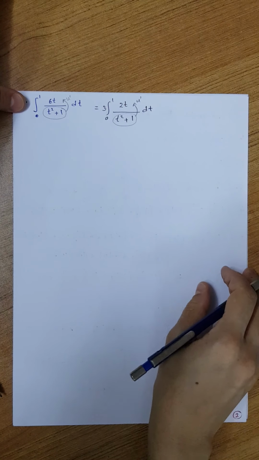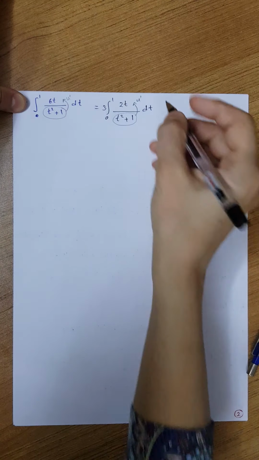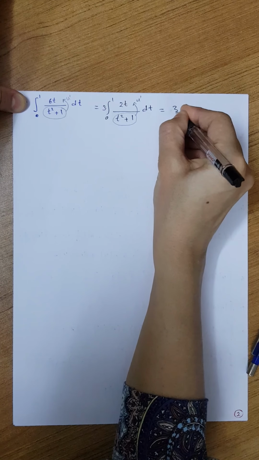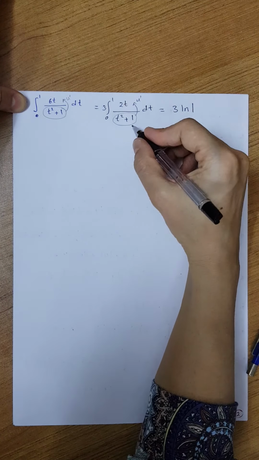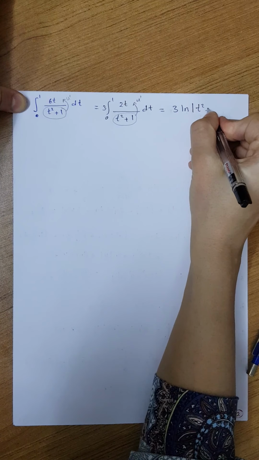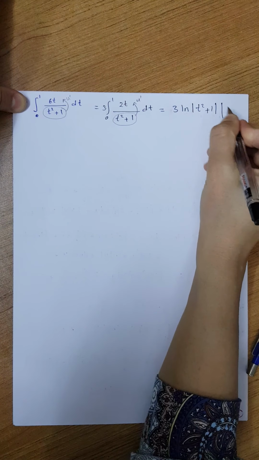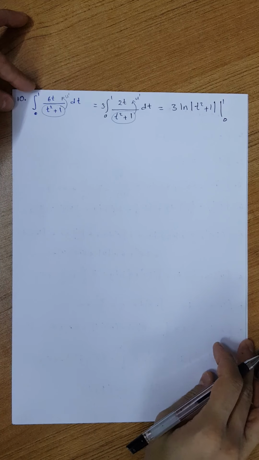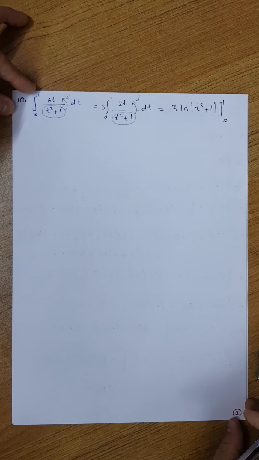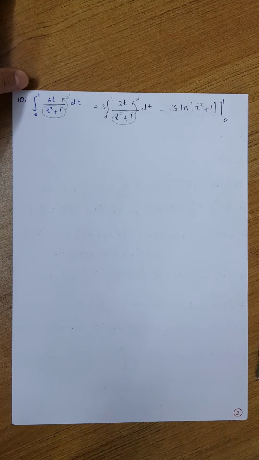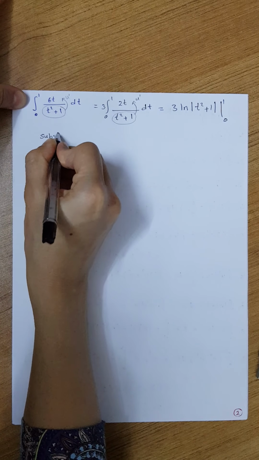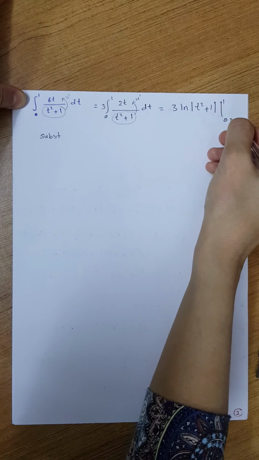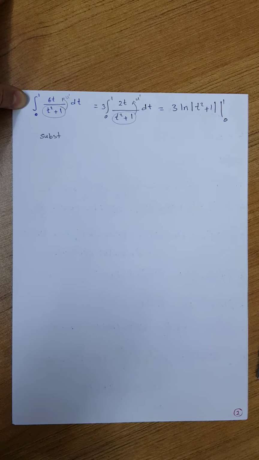Since I have got the derivative, that's simply equal to the ln of the denominator. So that will be t squared plus 1 running from 0 to 1. That is the fast, easy step to do. Let me solve it by substitution method. So that's the solution. You're inputting 1 into here, 0 into there, and you will get the solution.